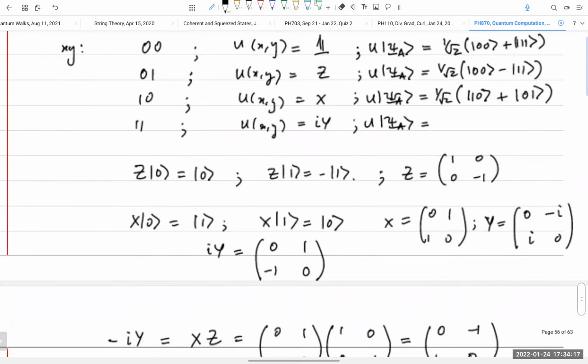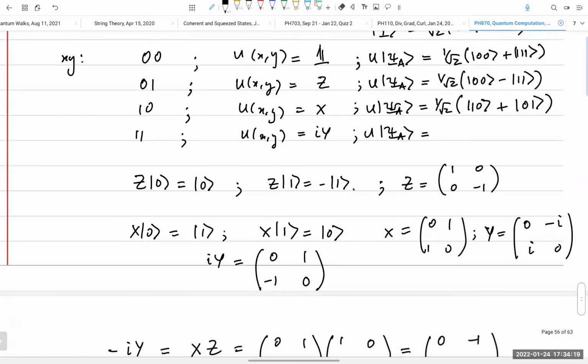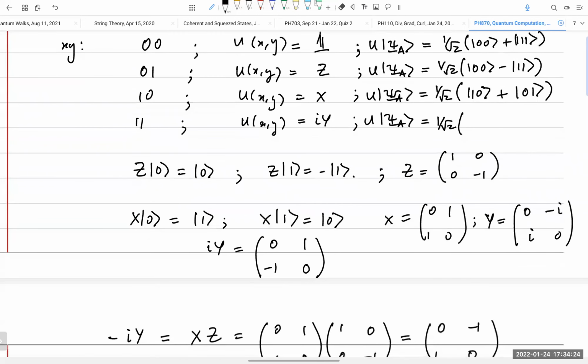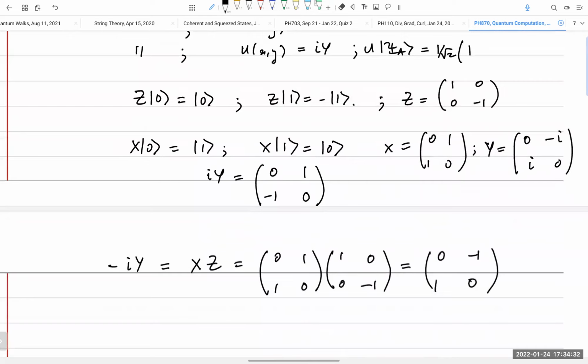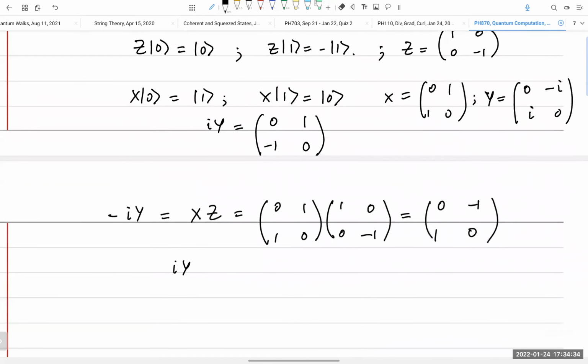So if she applies iY, what happens? Let's apply iY to her qubit. If you apply iY to 0, it will give you -1.